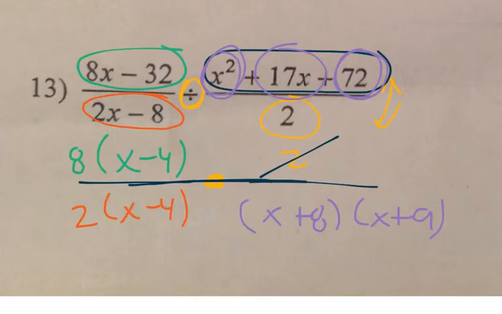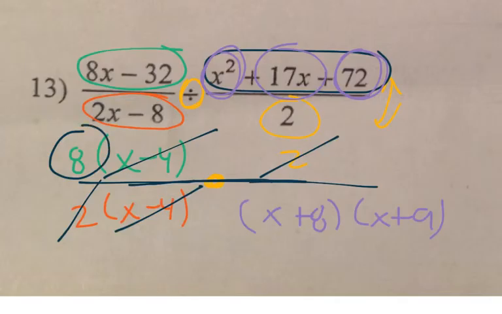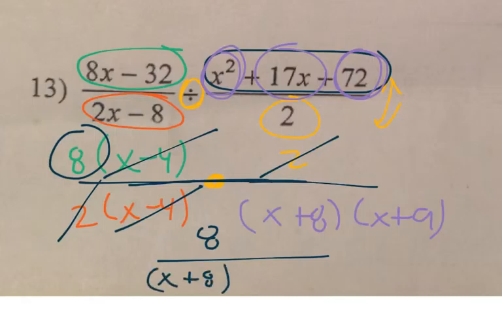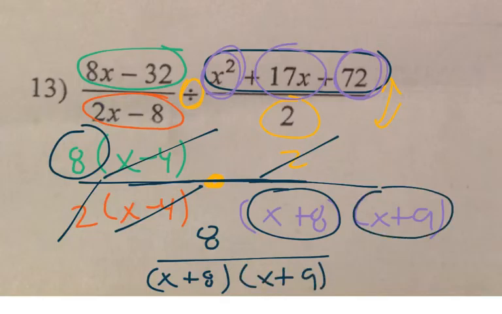So that 2 divides that 2 to 1. X minus 4 there divides x minus 4 down there to 1. And you know what, guys? That is it. There is only an 8 in the numerator left over. And in the denominator, all I have is x plus 8, times x plus 9 right there. And there is my answer factored.